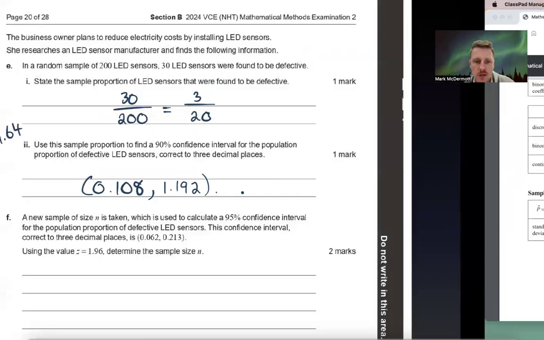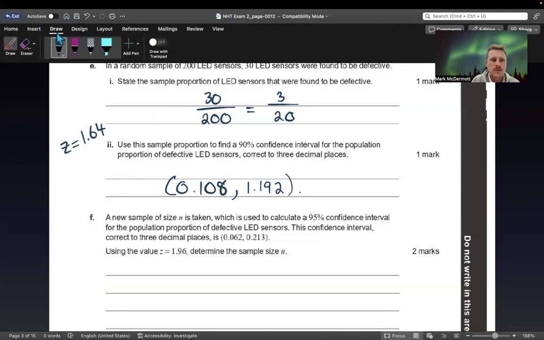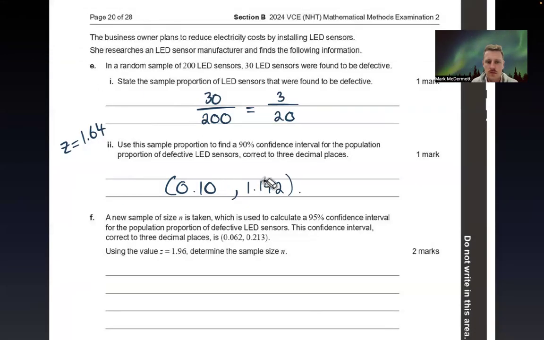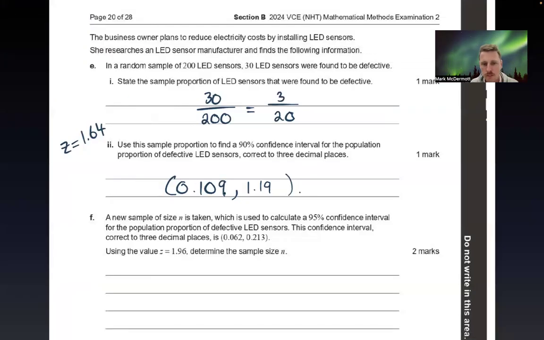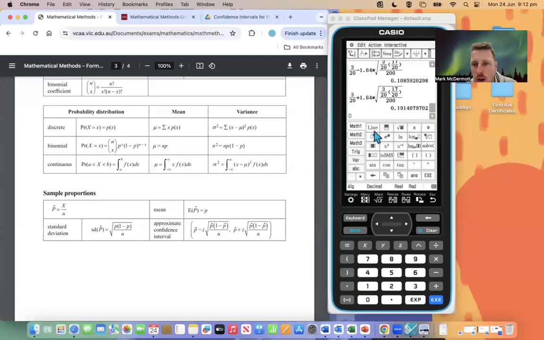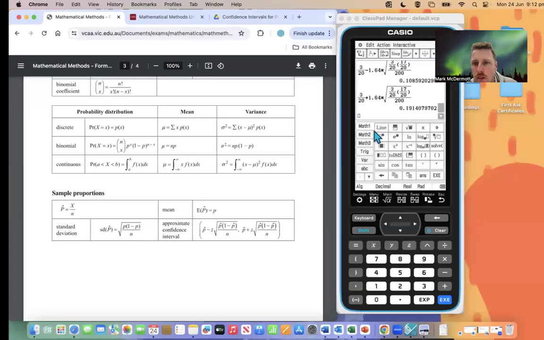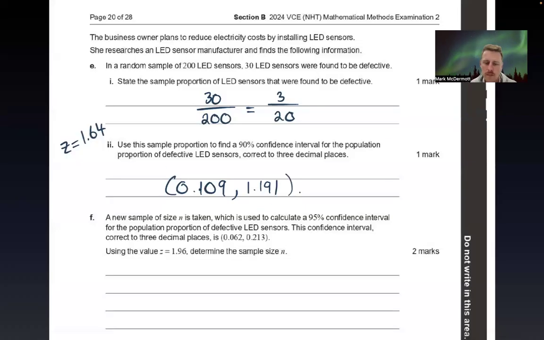Okay, I reckon you have to use 1.64, so I'm going to go with 0.109. Okay, I need to think about that maybe a bit more. Let me know what you think.